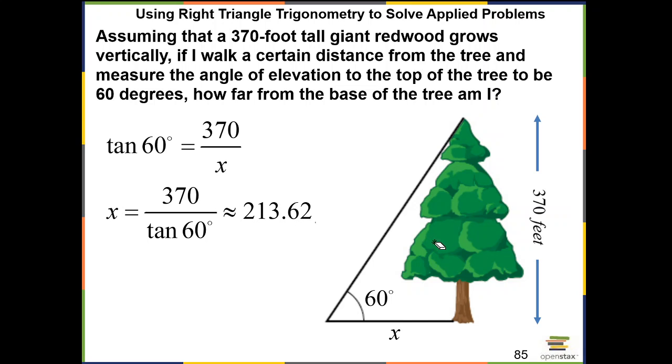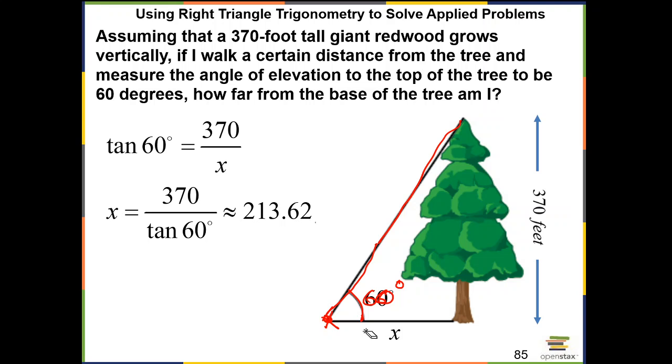So if you walk a certain distance from the tree and measure the angle, you stand over here and you measure the angle of elevation to the tip of the tree, and the angle of elevation turns out to be 60 degrees. Now, how far are you from the tree?